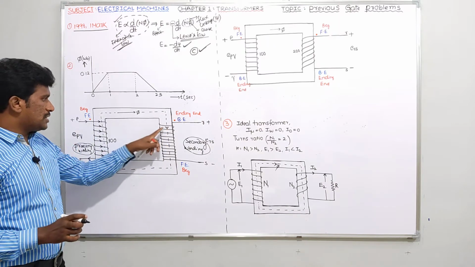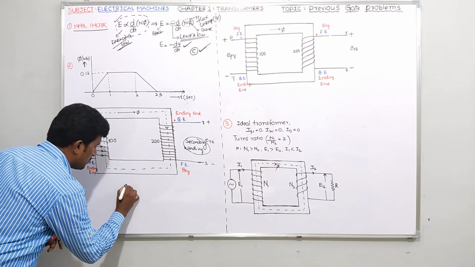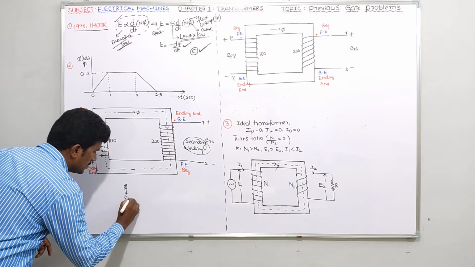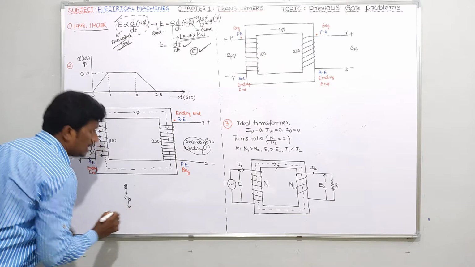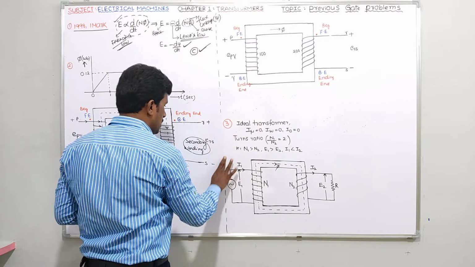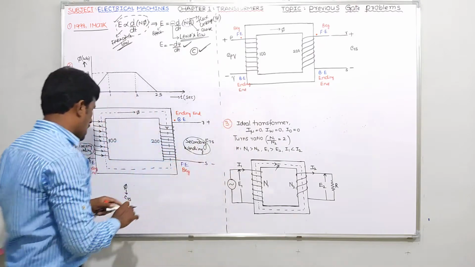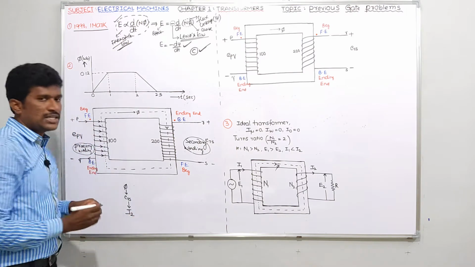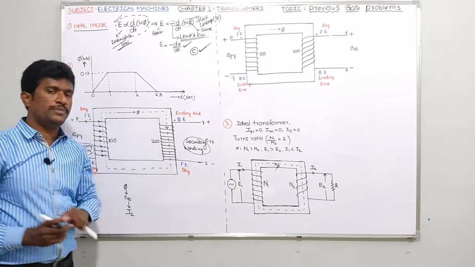Now, because of this flux phi, you will get some EMF in the secondary winding. I call that EMF ERS. Because of that ERS, you will get some current, I will call it I2, if there is load.